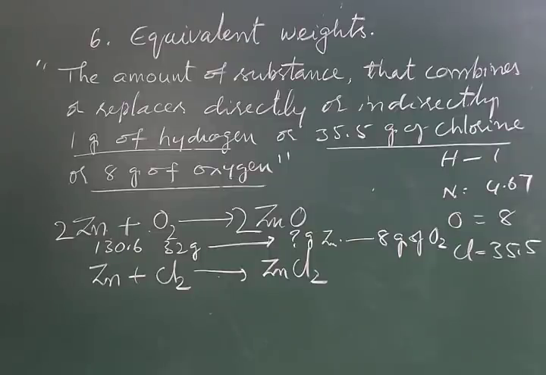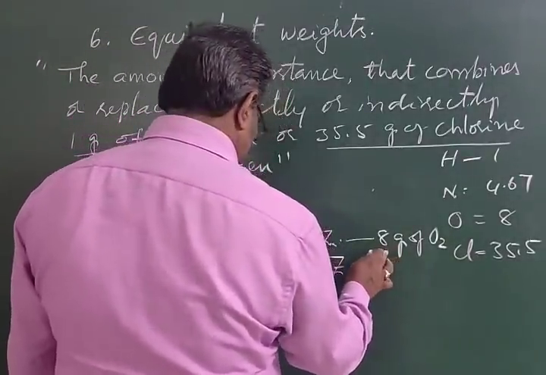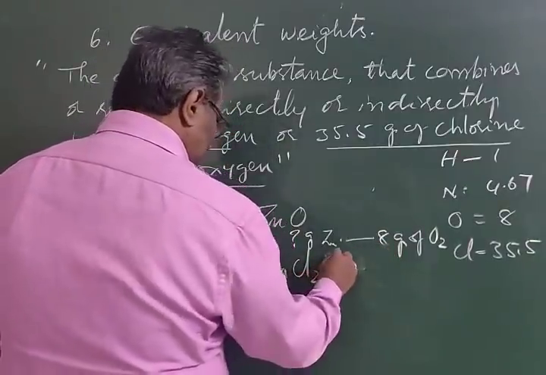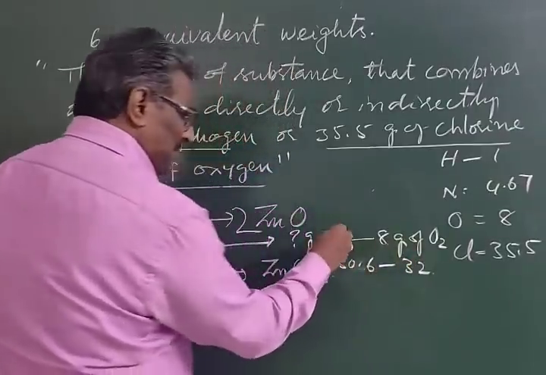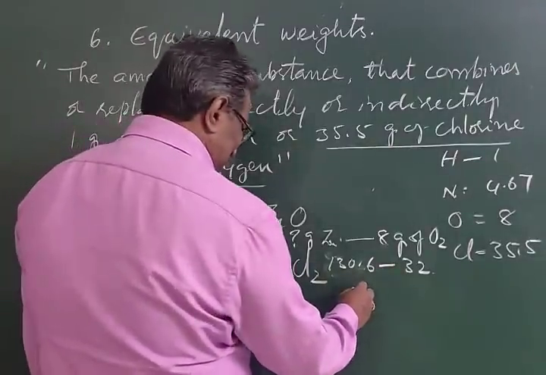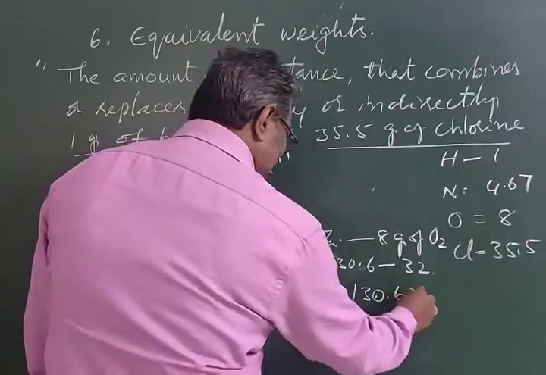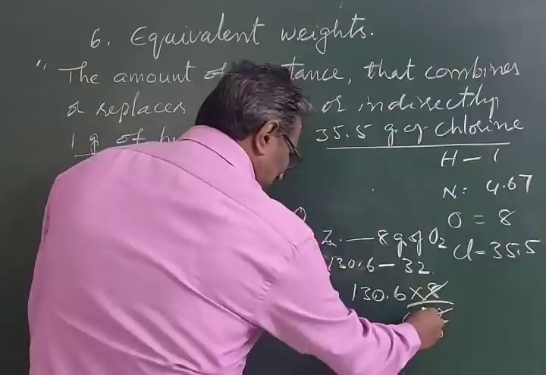130.6 grams of zinc reacts with 32 grams of oxygen. How much zinc reacts with 8 grams of oxygen? Here, what is given? 130.6 grams reacts with 32 grams. How many grams react with 8 grams of oxygen? That is 130.6 into 8 by 32, which divides 4 times.